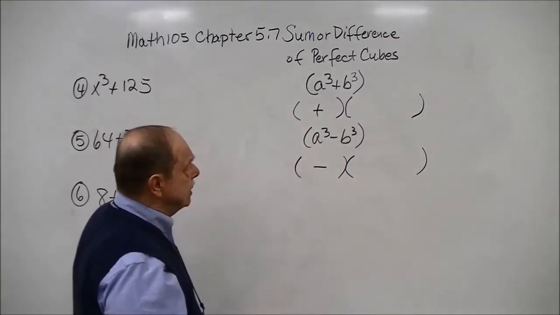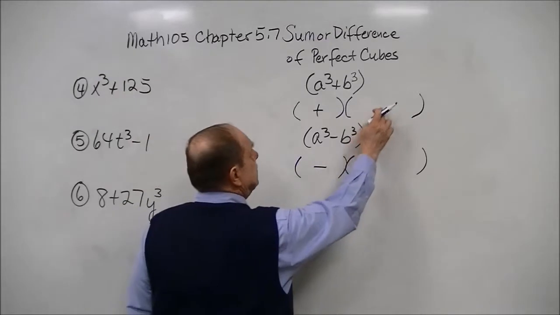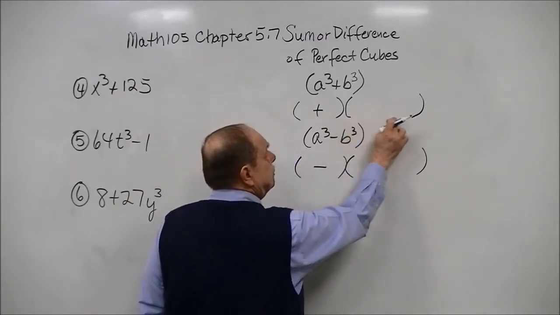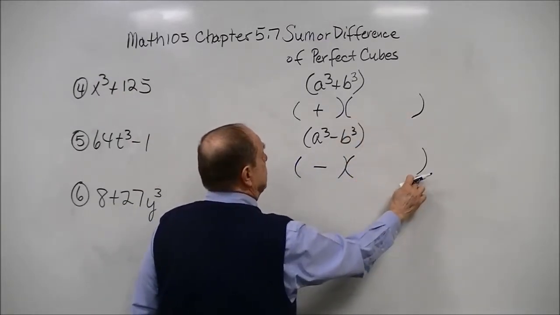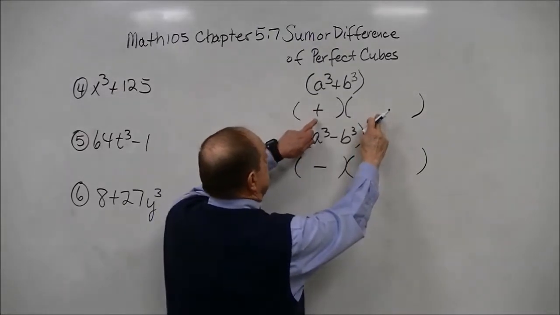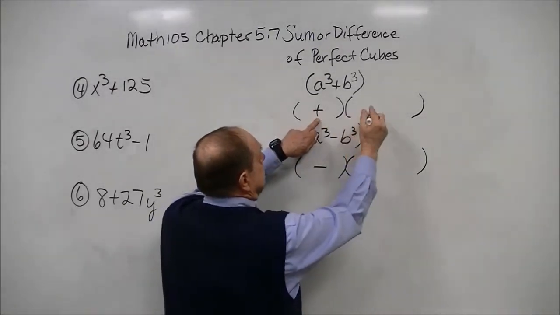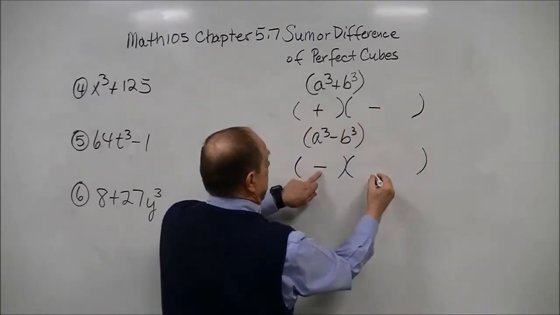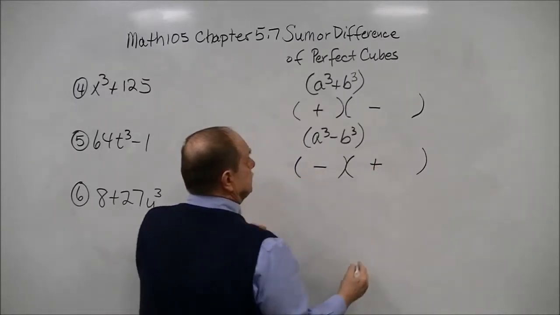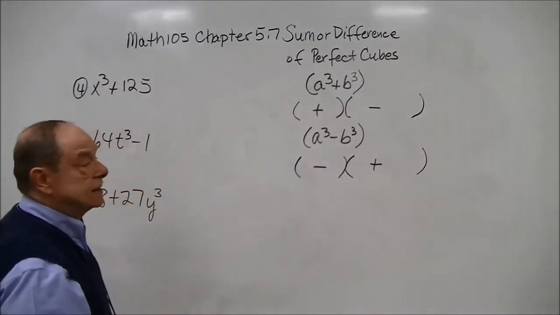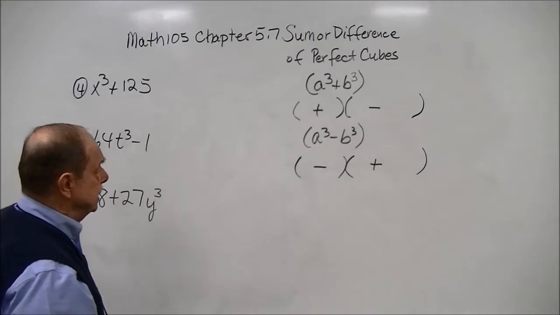Now, the next part of the recipe is the middle sign in your three-term parenthesis. Well, that middle sign will be the opposite of this sign. And now you fix the signs for the recipe.